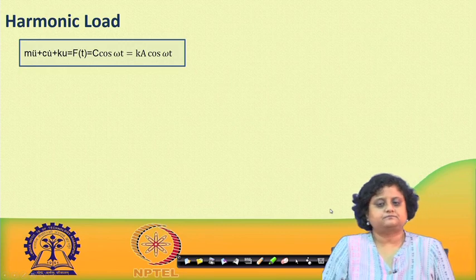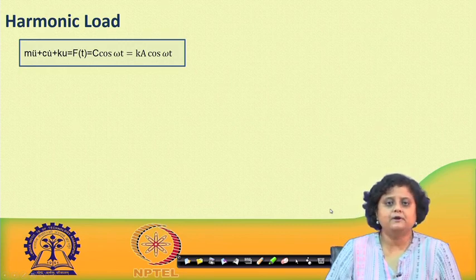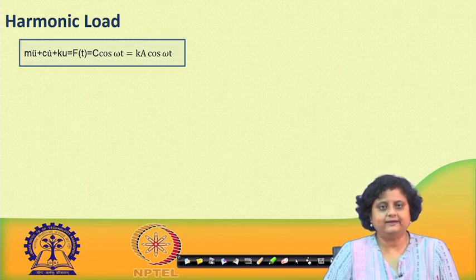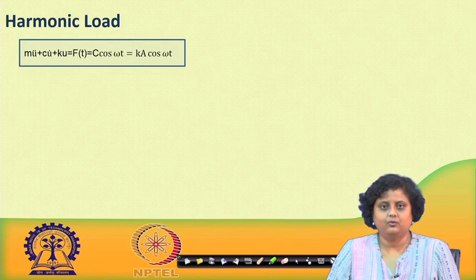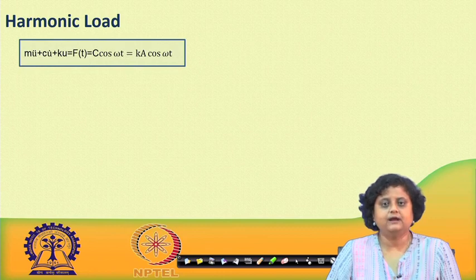So, the most common form of loading is harmonic loading, where the excitation load or the externally applied load is a harmonic function of time. It is either cosine or sine with a certain frequency.